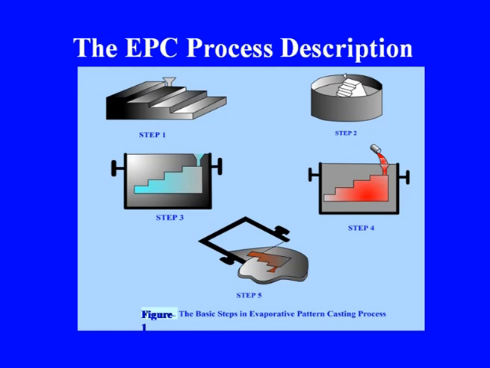A schematic sketch of the EPC process is shown in the figure 1. This is the pattern. The pattern is coated and then finally, the pouring is done and the product is obtained.